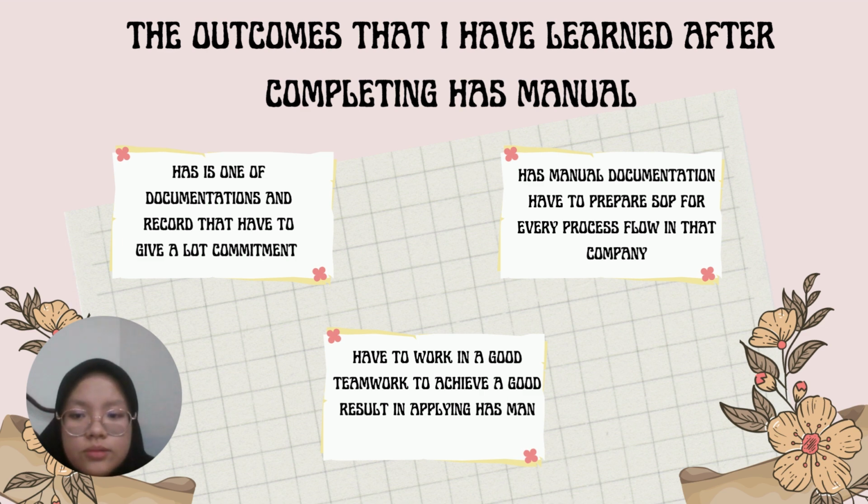And then the third one: to implement the HAS manual, we have to work in good teamwork to achieve a good result in applying it, which is not that easy. It takes a lot of time, a lot of hard work, and a lot of energy just to prepare and maintain the HAS manual in a company.